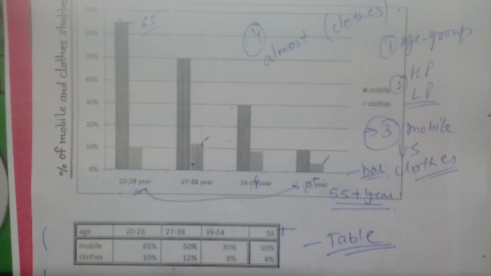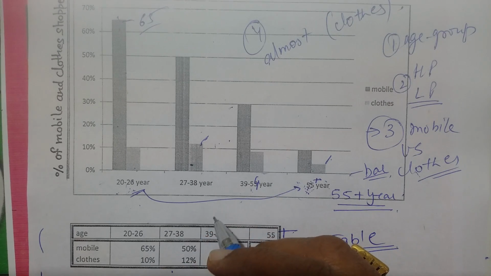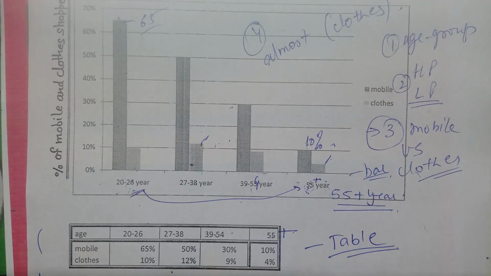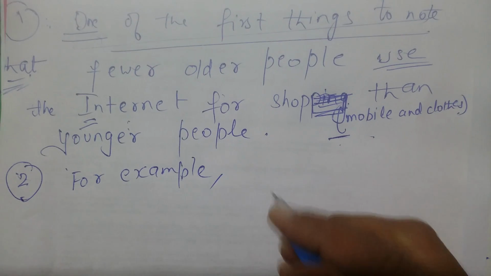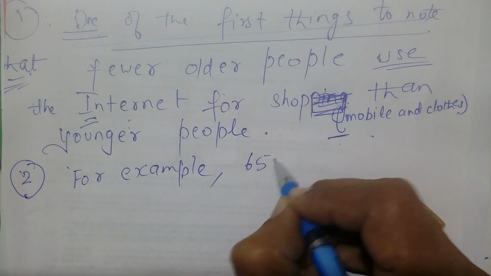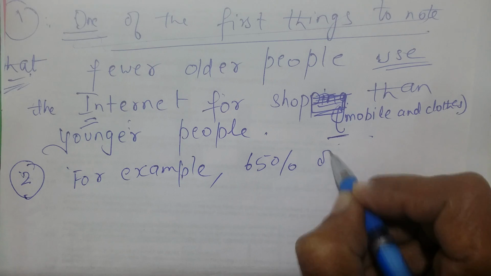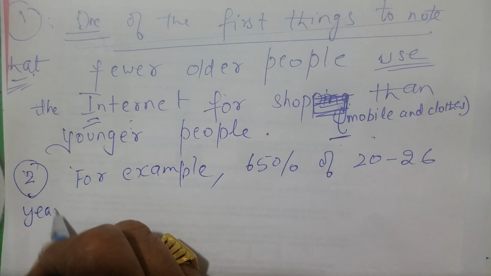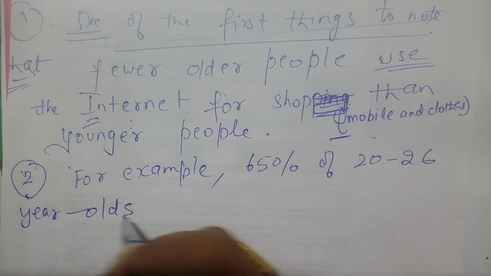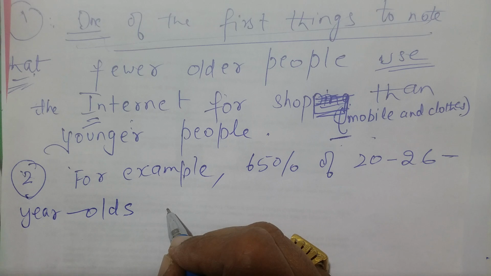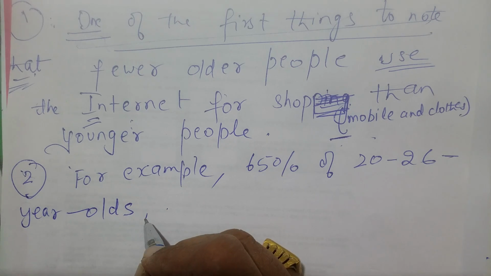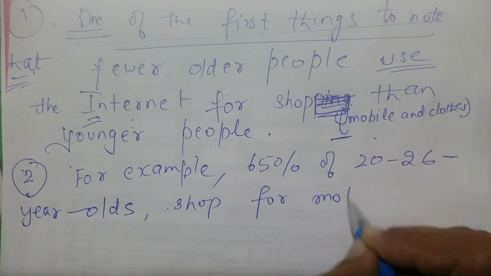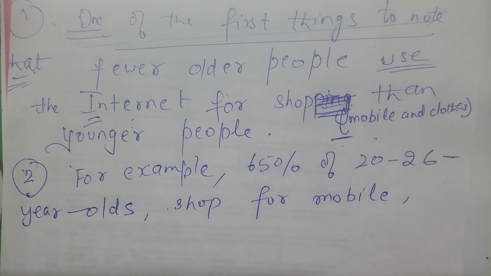And what's the percentage of 55? So it's around 10%. So this line I'll go with it. So for example, 65% of 20 to 26 year olds, make a hyphen if you want to write in this manner, comma, shop for mobile, right?